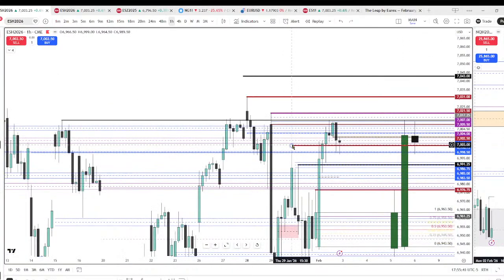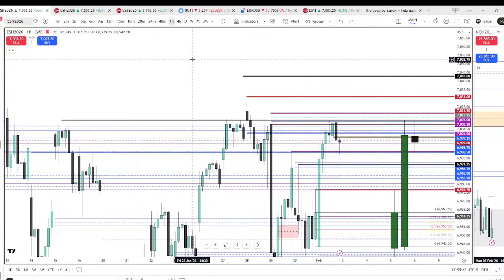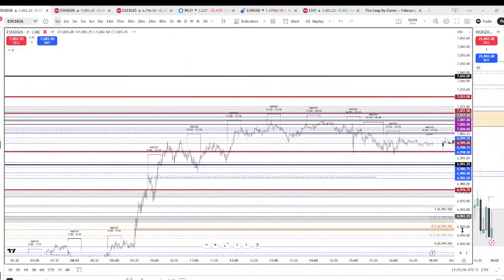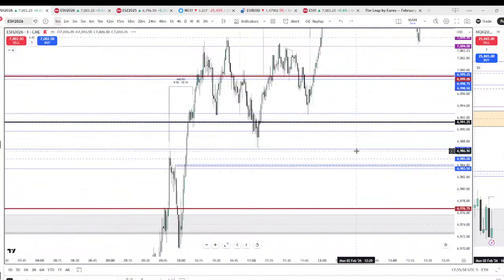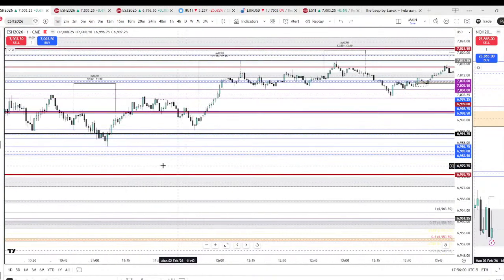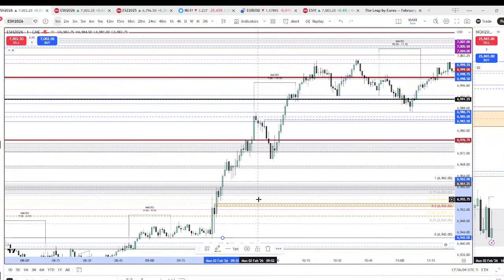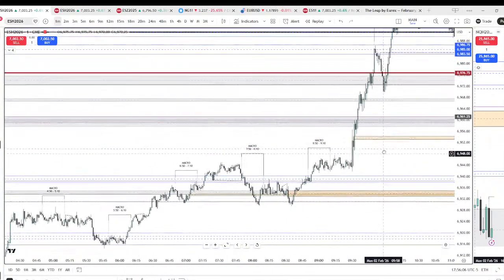That was an accident. So let's just take a walk through every macro and kind of see where our entries and exits could have formed. Get rid of that.